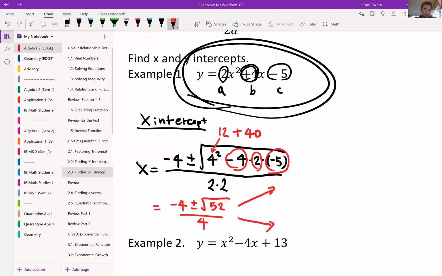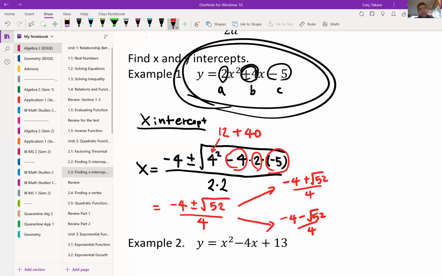The first x-intercept will take the positive sign, and the second x-intercept will take the negative sign. So the first one will be -4 plus square root of 52 divided by 4. And the second one is -4 minus square root of 52 divided by 4.